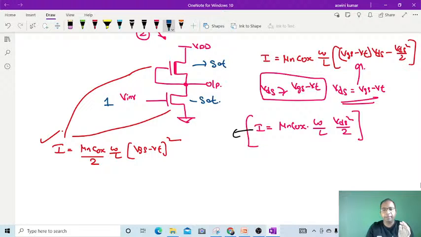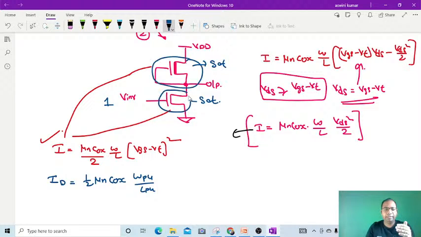Fine. So if I'm applying this equation to the depletion MOSFET, then I'm just writing here depletion MOSFET. Then 1 by 2 mu n COX WPU by LPU. Why did I take the PU and PU? Because it is the pull up section and it is the pull down section. So WPU by LPU.